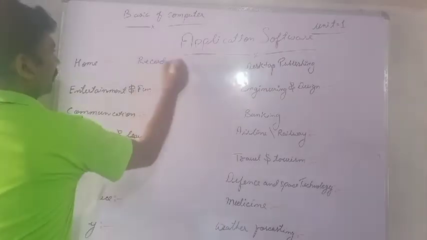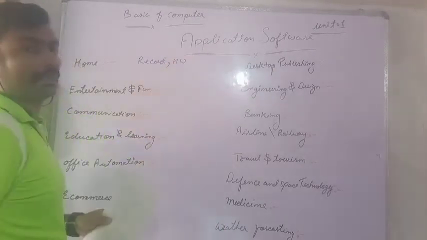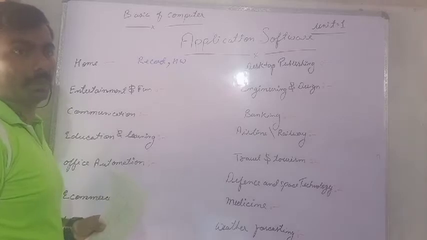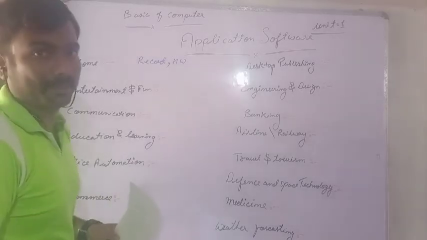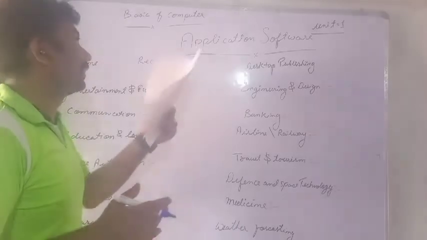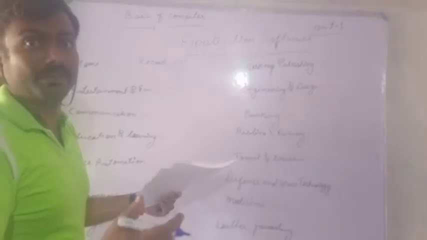Then, especially students have to complete their homework assignments or the tasks given from the school by the help of the computer. Or if they don't have that knowledge, they also need the computer to search with the help of the internet and complete their task.